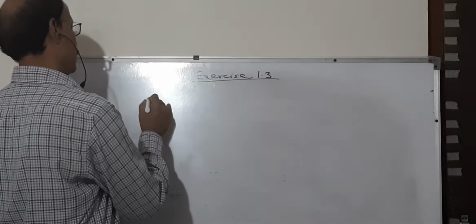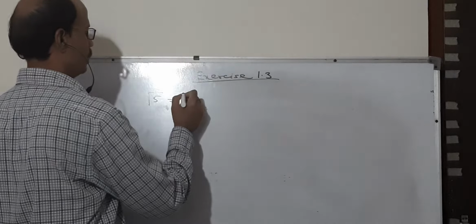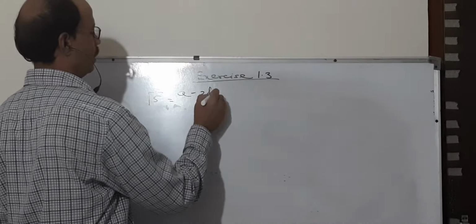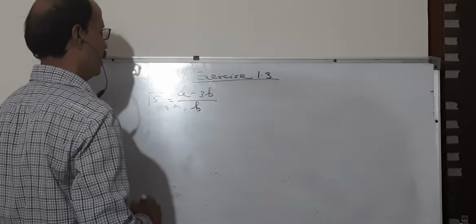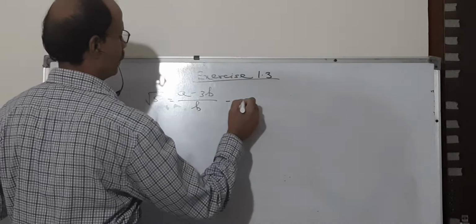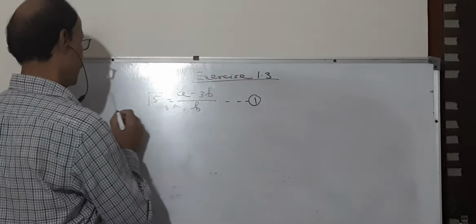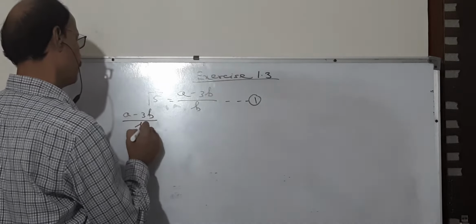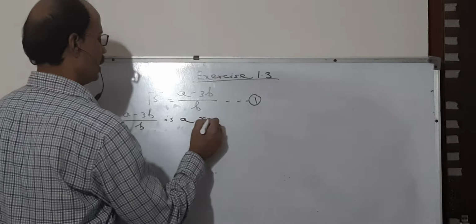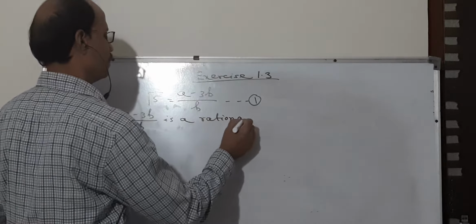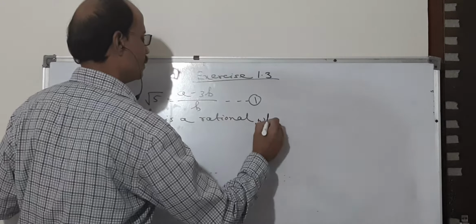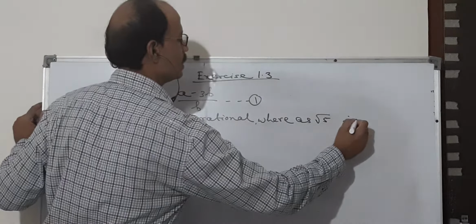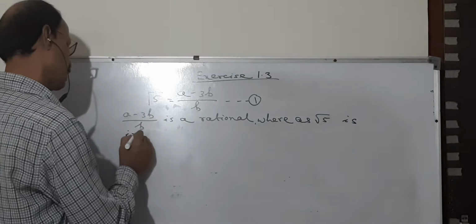So what I found is that root 5 is equal to a minus 3b upon b. Okay, so it is equation 1. Now a minus 3b upon b is rational, whereas root 5 is irrational.